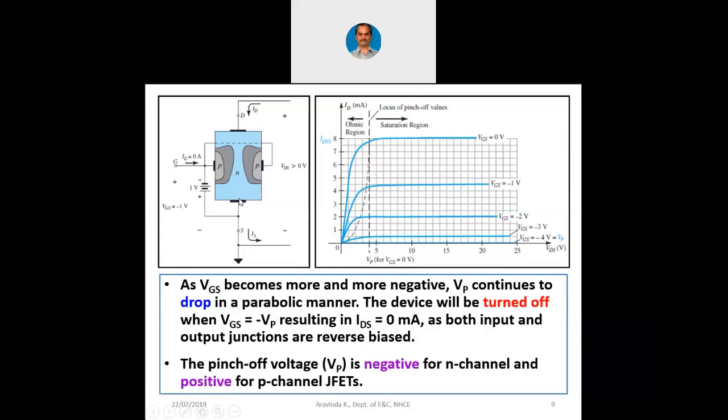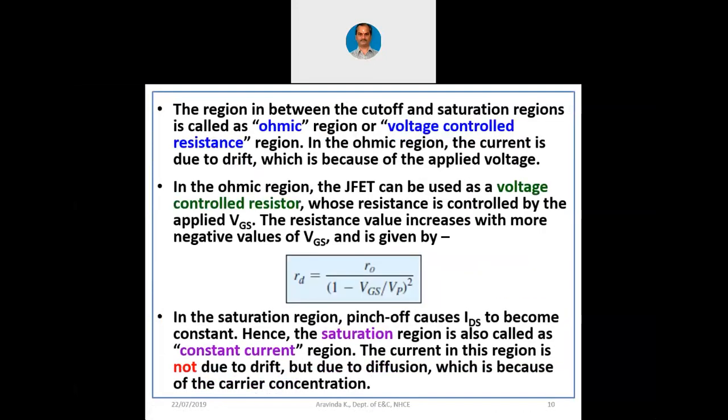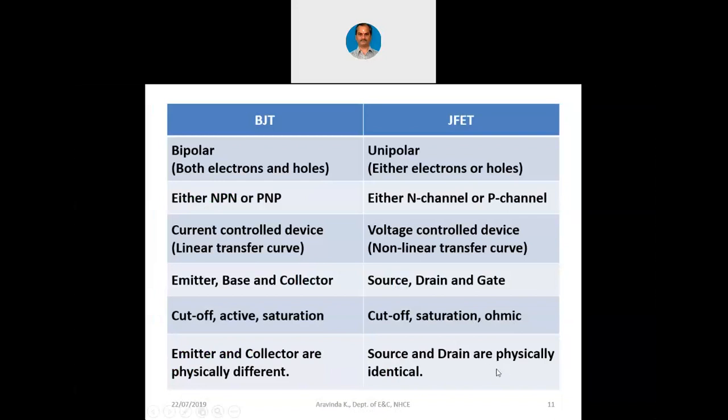So, even if this terminal is connected upside, even if this terminal is connected downside, it doesn't make a difference at all. It will work fine as in the earlier case. That is why in case of JFET, source and drain are physically identical, they are interchangeable.